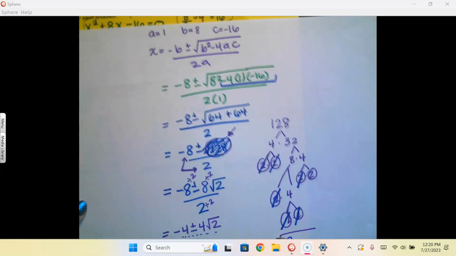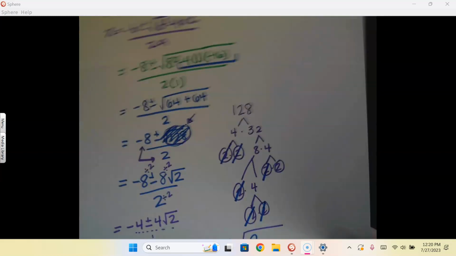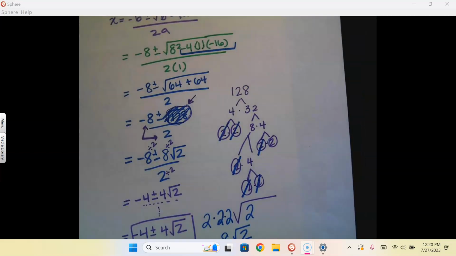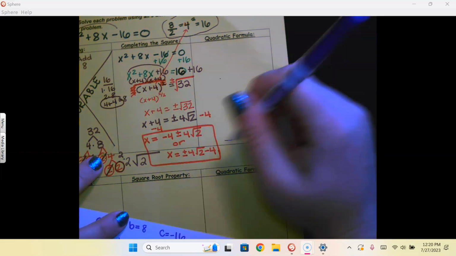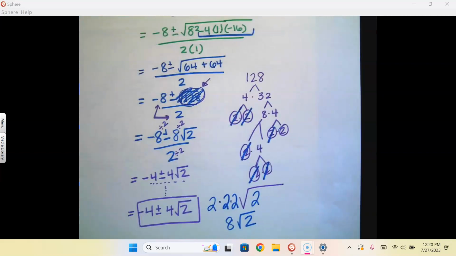So notice the directions said circle which method you would use. So on this problem, I'm looking at this method, and you know what? I usually, personally, this is just me, if it's not factorable, my go-to is the quadratic formula. But again, it's a matter of opinion whether you think this was easier or the quadratic formula, because you have to have the quadratic formula memorized in order to use it.